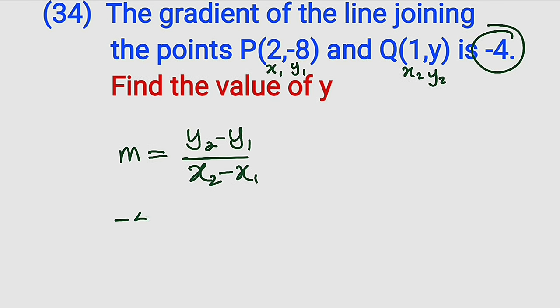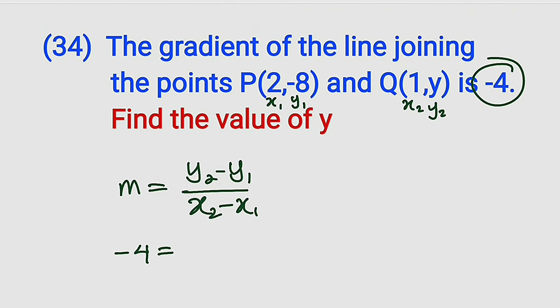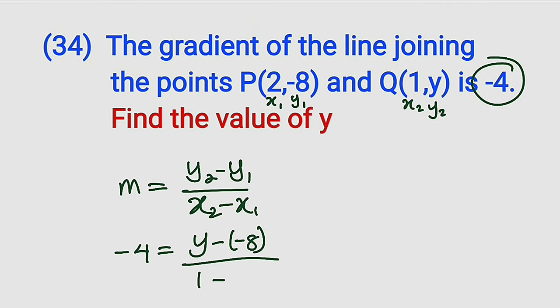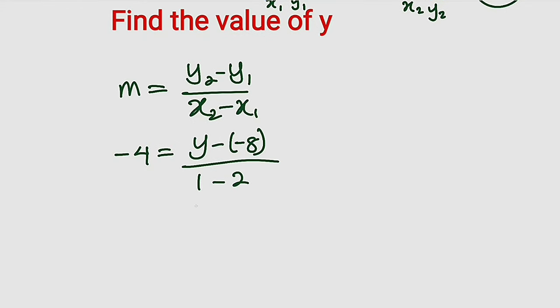So -4 for m is equal to y2, which is y, minus y1, which is -8, divided by x2, which is 1 here, minus x1, which is 2. -4 is equal to y plus 8 divided by 1 minus 2, which is -1.